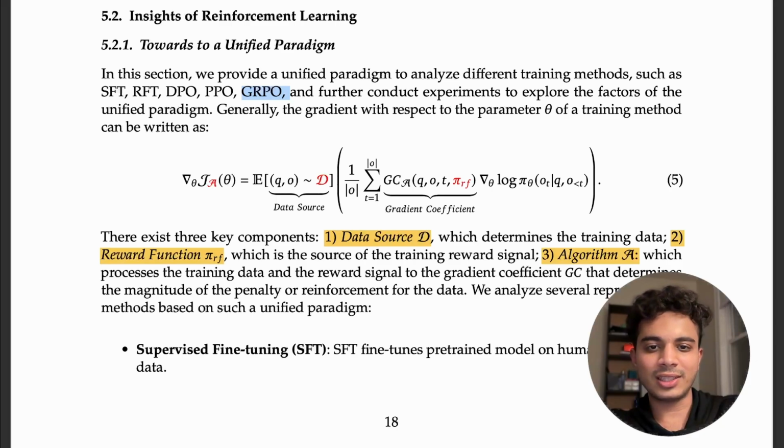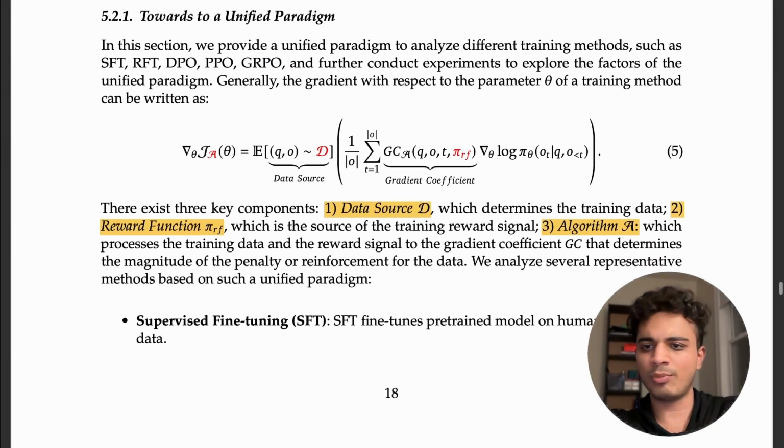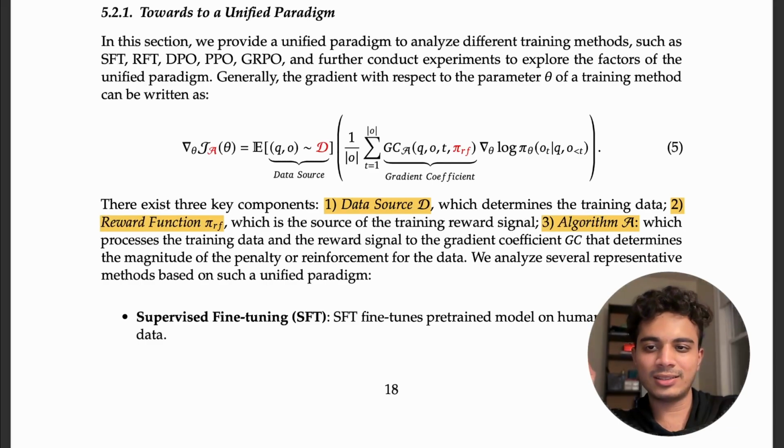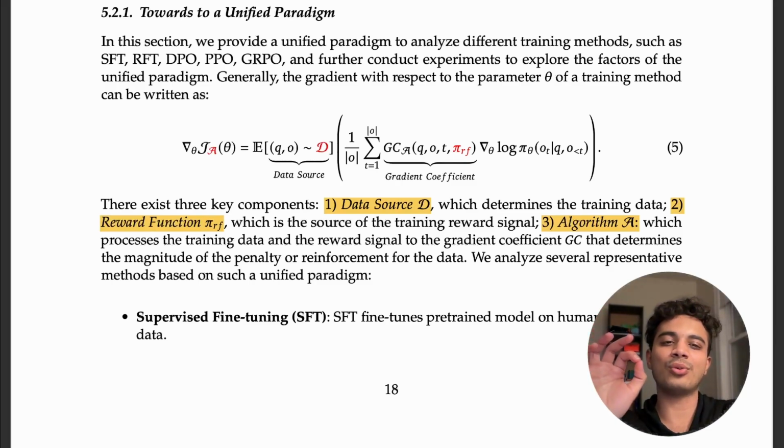First is the data source D, which determines the training data that we are talking about. Next is the reward function RF, which is the source of the training reward signal. This is a very important term in deep reinforcement learning, so make sure you remember it.